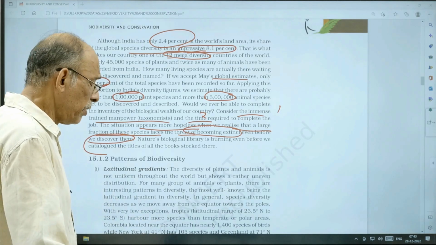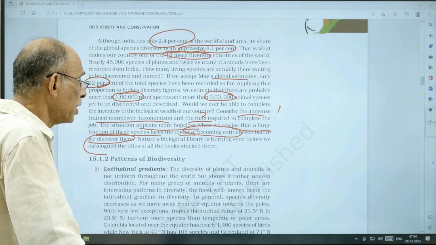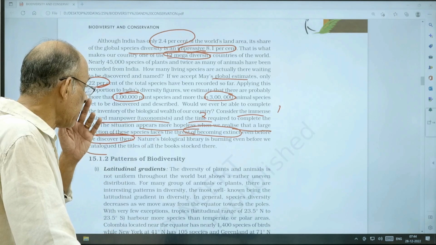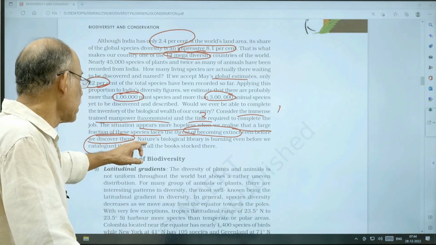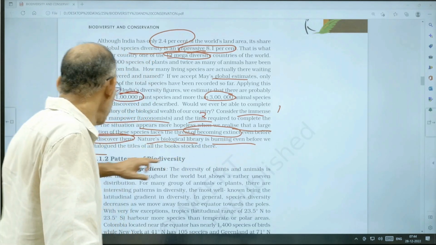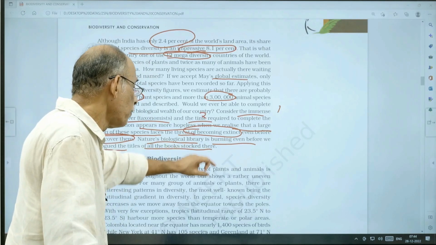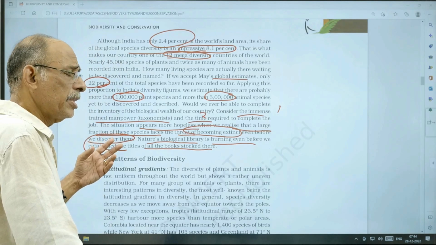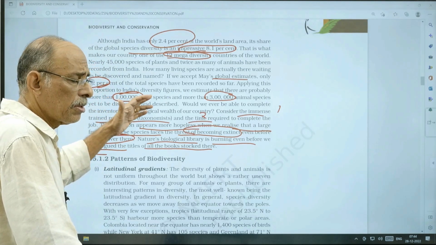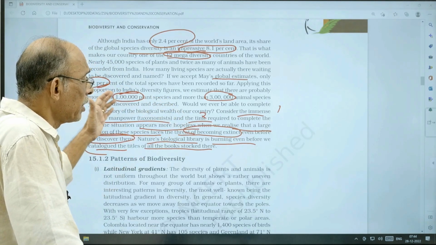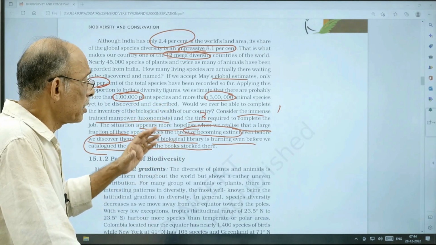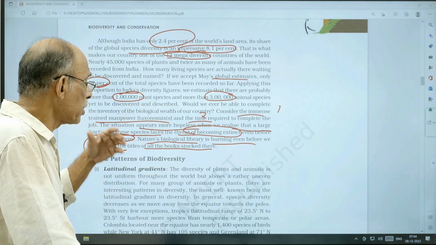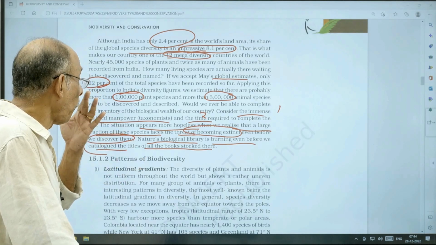That is why nature's biological library is burning even before we catalog the titles of the books stocked there. Before we reach the species, suppose we are just numbering or identifying species from one end of India, it is a huge time consuming process, requiring huge manpower and huge money.